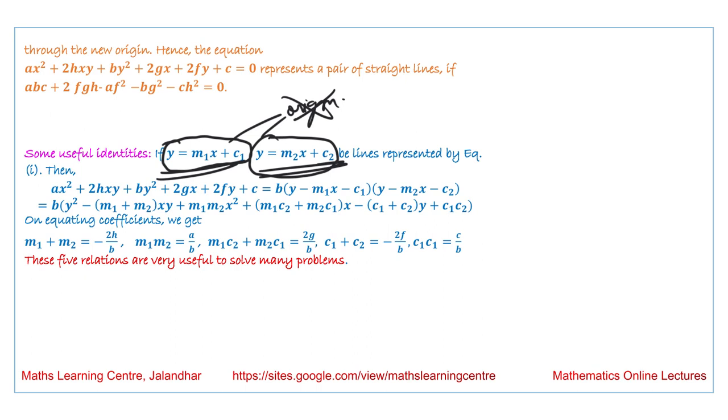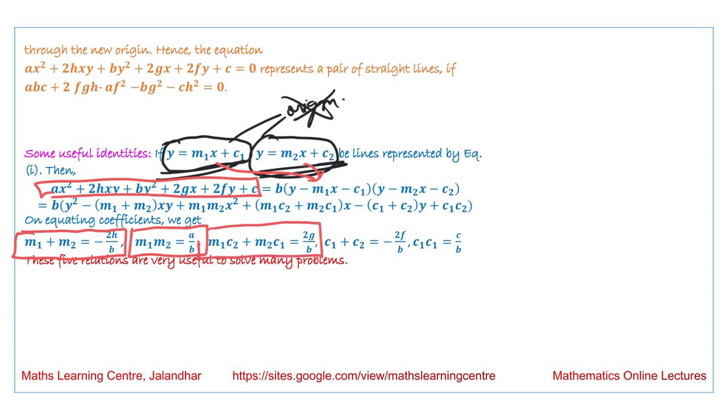Now if we compare the joint equation of these two lines with the given homogeneous equation of degree 2, we will obtain certain results. First is m1 + m2 = -2h/b, m1 m2 = a/b, m1c2 + m2c1 = 2g/b, then c1 + c2 = -2f/b, and last is c1 c2 = c/b.